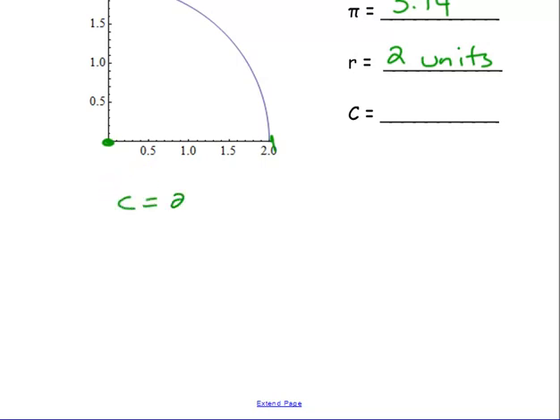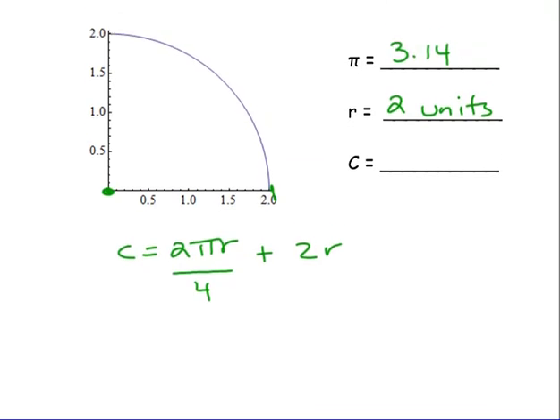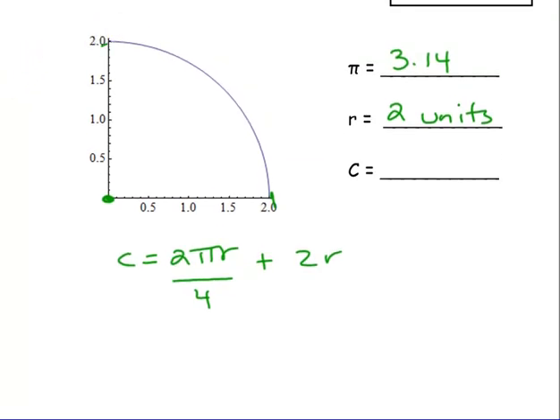So C equals 2 pi r. It's a quarter circle, so we're going to divide by 4 plus 2r. We're always going to add 2r because we're accounting for this radius and for this radius that we need to add in.